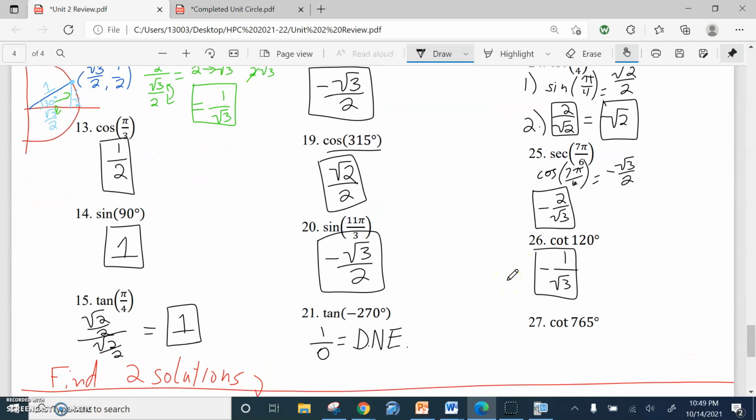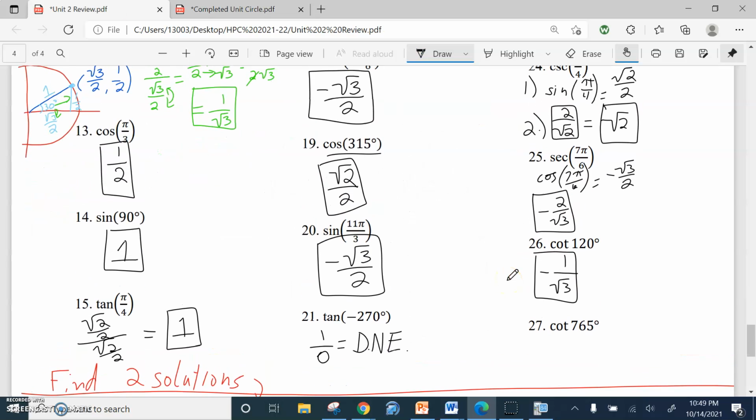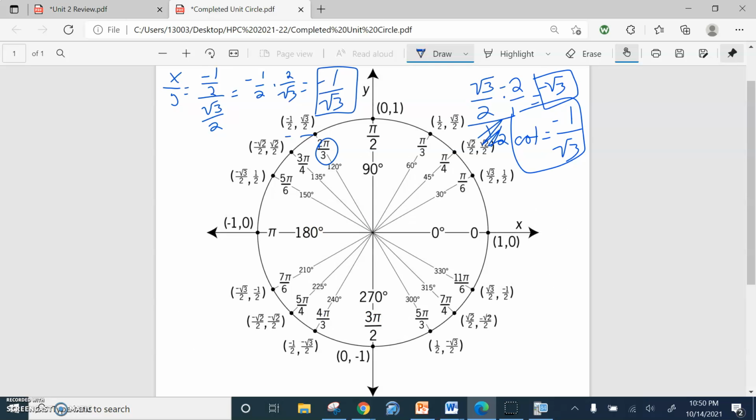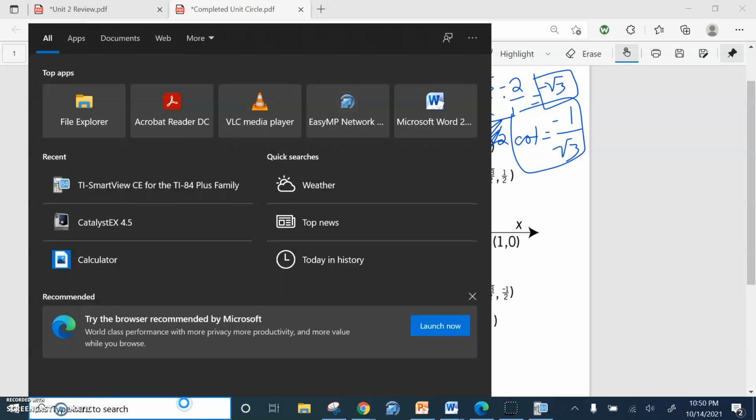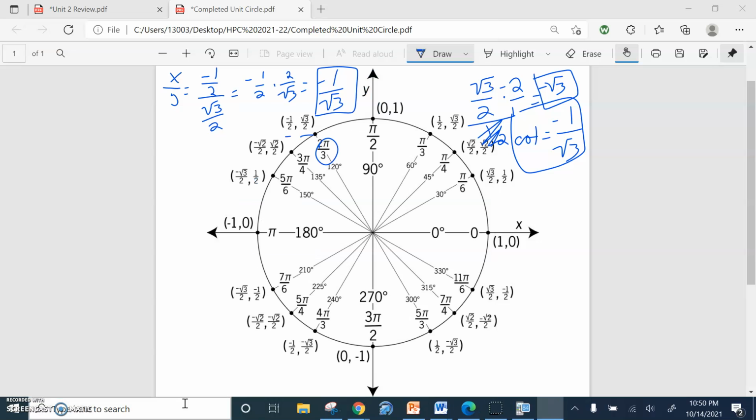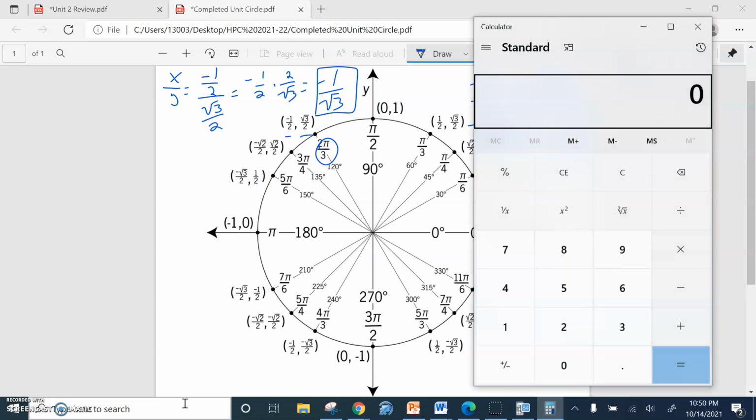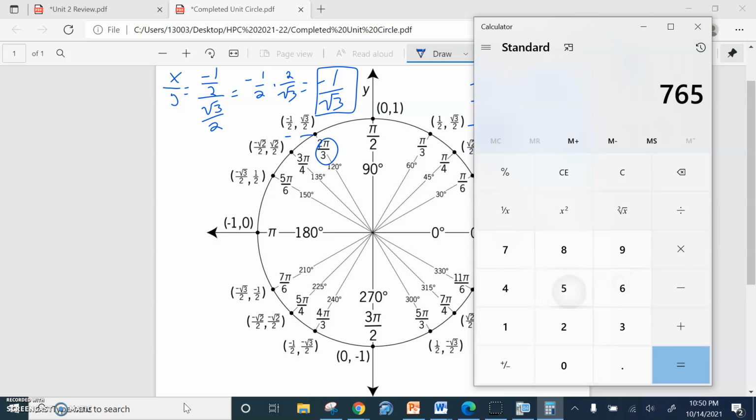All right, moving on, our last one in this section, cotangent 765 degrees. Okay, wow, that's a lot. So I'm just going to go to the calculator. Well, there's 360, right?